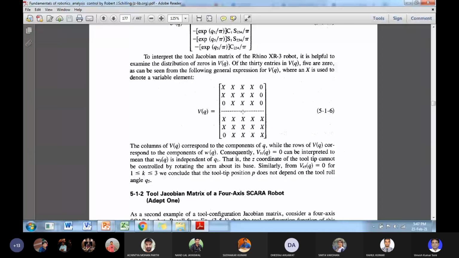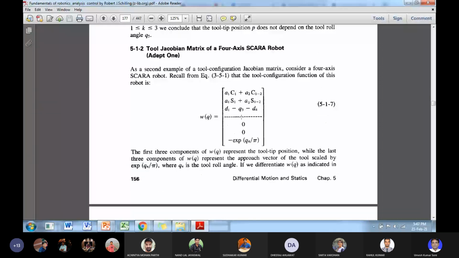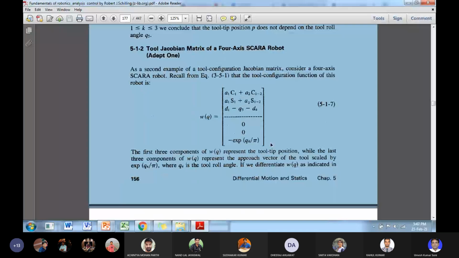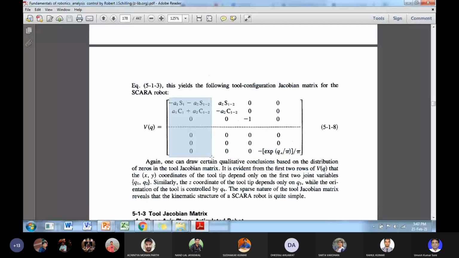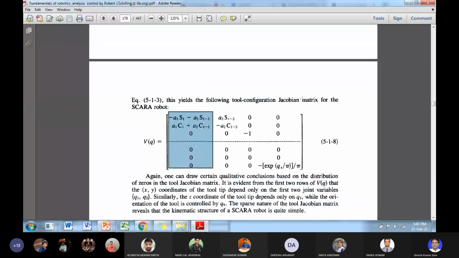Okay, so you can simply determine the same thing for this tool configuration vector. This is for the 4-axis SCARA robot, and you can also determine simply each element. Suppose you take with respect to theta 1, then with respect to theta 1 this vector will be there.